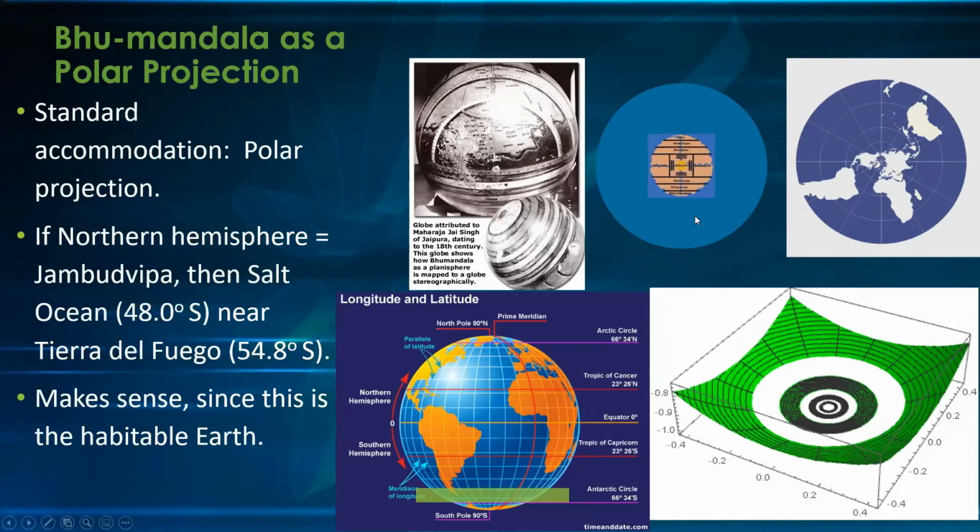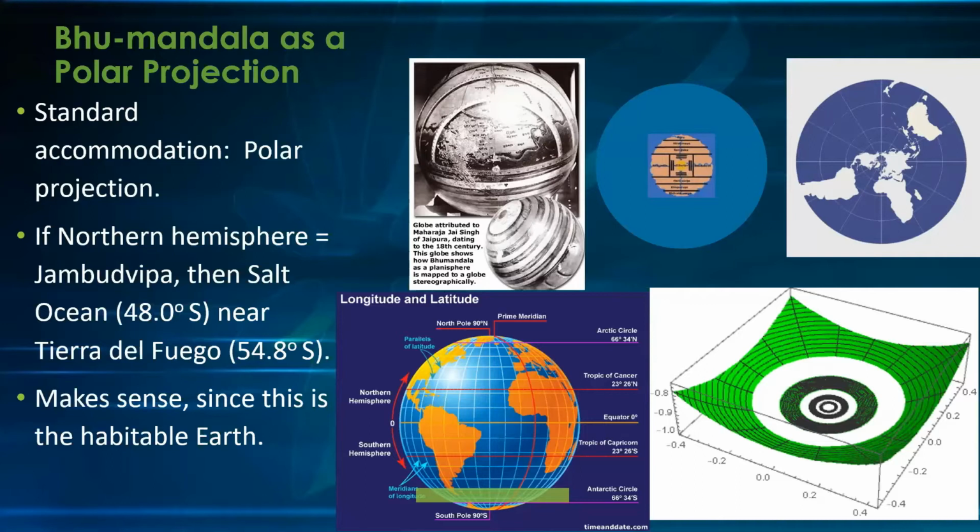When you do the inverse projection of Bhu-Mandala onto the sphere, maintaining that this northern hemisphere is Jambu-dvipa, the center island, then what you end up is that the very first island that you encounter will be at 48 degrees south of the equator.